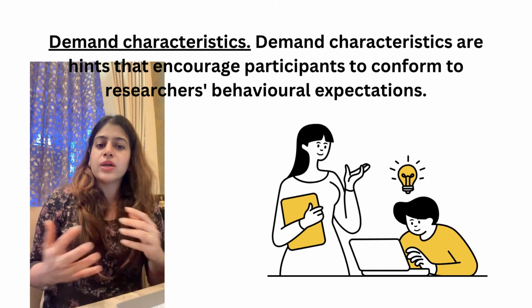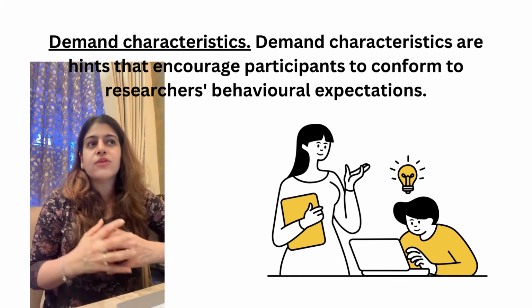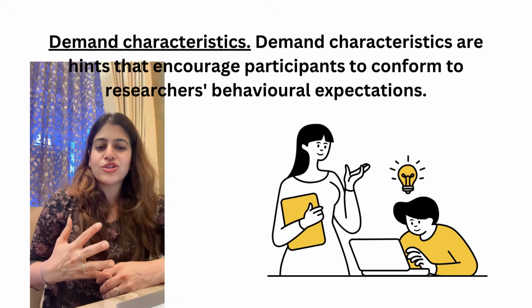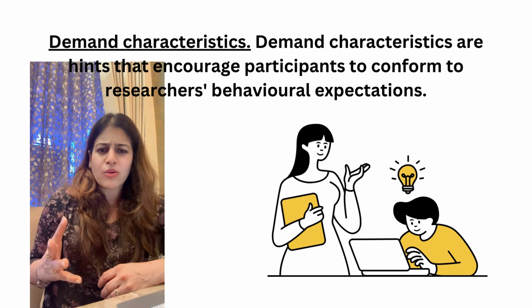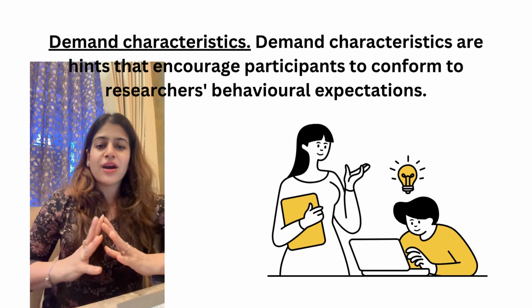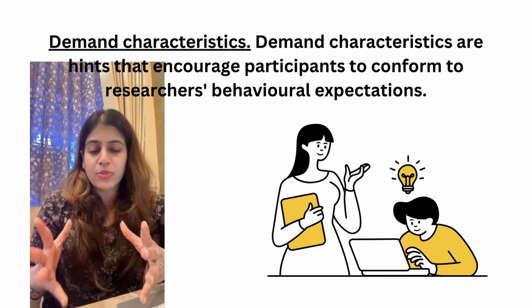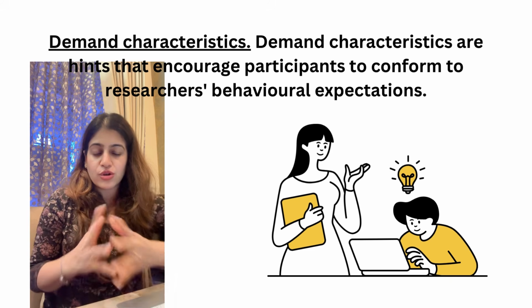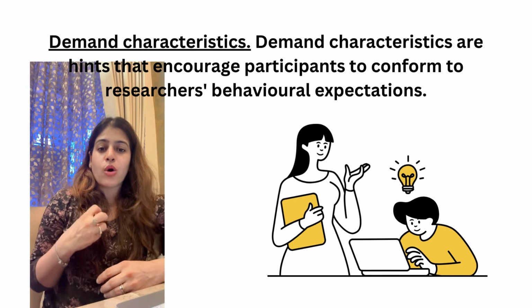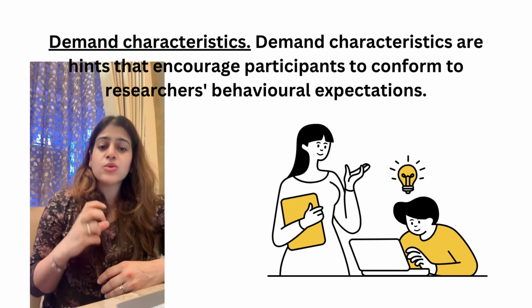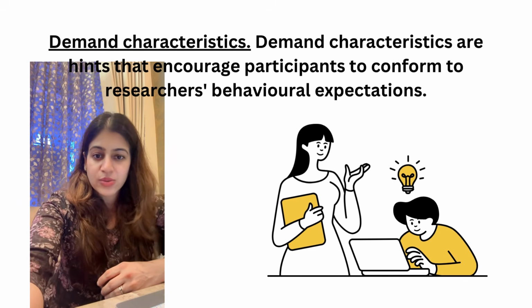So maybe even after eating 10 chocolates, they are sitting very quietly in a corner pretending that they are a very good child, and they don't jump around like monkeys in the class. So they are showing socially desirable behavior in front of the researcher or the teacher. So this is getting demand characteristics, getting a hint, which can act as an extraneous variable.